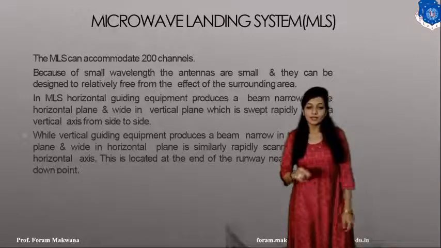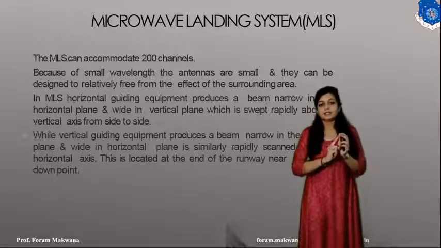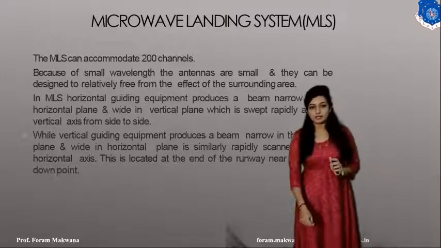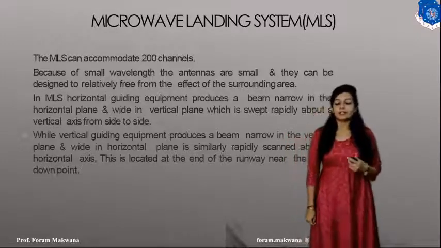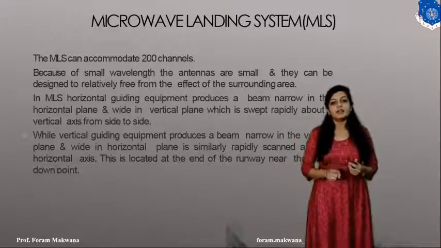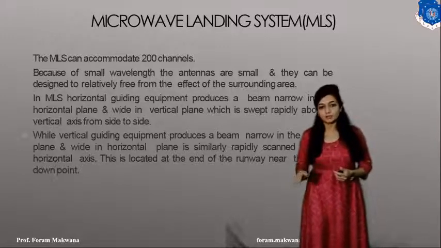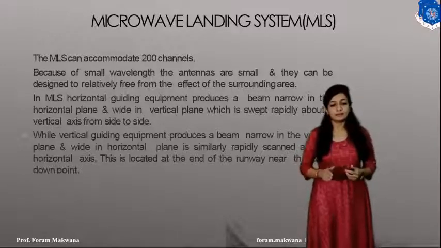Alright? As the horizontal beam is very narrow, it can travel through a longer distance. So ultimately, the directivity of that antenna is increased. And if the sweeping is from one side to another, it can cover a maximum area.